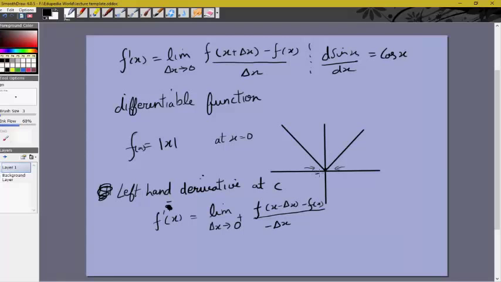Basically we are going from this side, so by the original formula delta x would be negative, we want it to be explicitly positive, so we replaced it by minus delta x in these two situations.